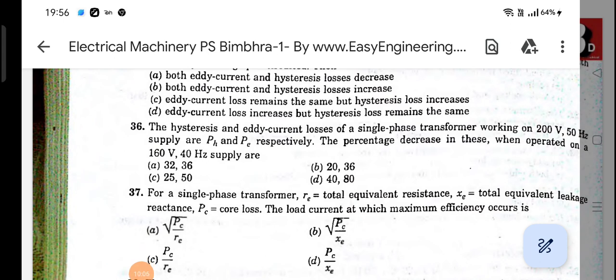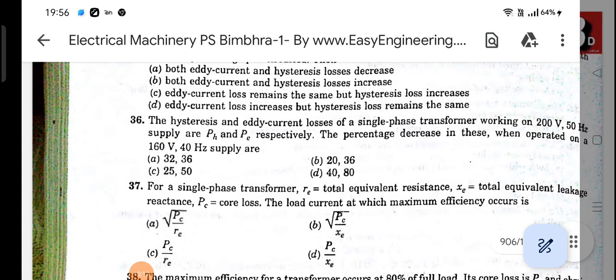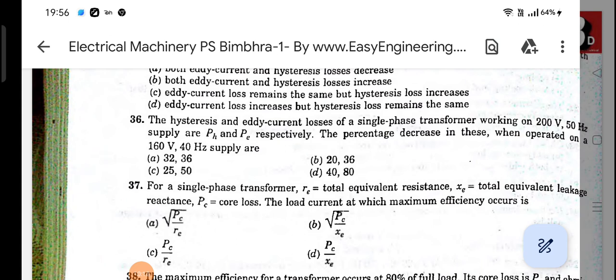Next, for a single phase transformer, Re is the total equivalent resistance, Xe is the total equivalent leakage reactance, and P suffix C indicates core loss. What is the load current at which maximum efficiency occurs?